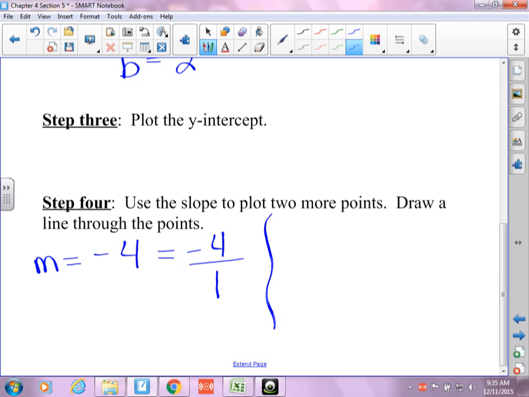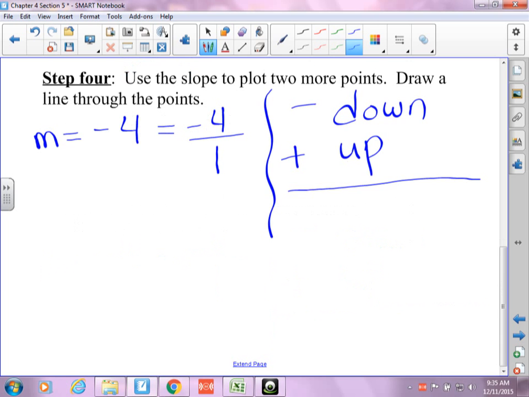Now, just a little hint: if my numerator is negative, I move down. If my numerator is positive, I move up. That's for my numerator. My denominator, the bottom number, I usually like that positive. So if my number is negative, I'm going to make the numerator negative, and I'll give you an example of that in just a minute. And then I always move right.